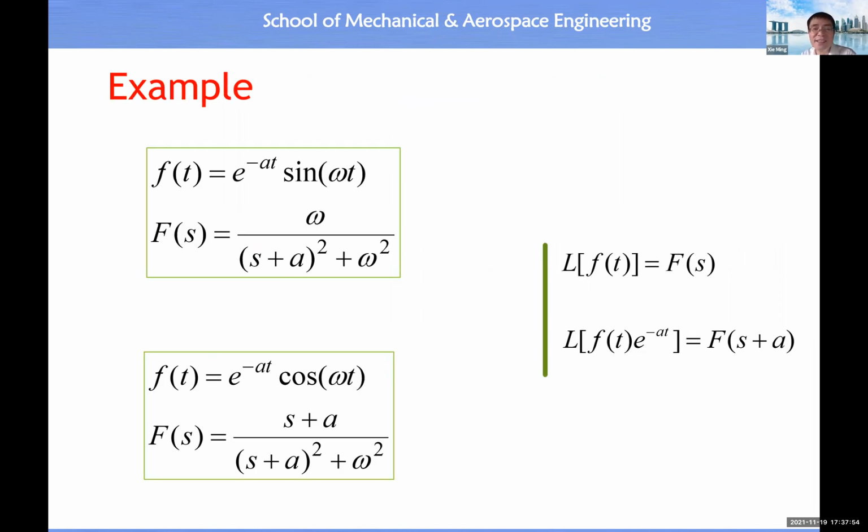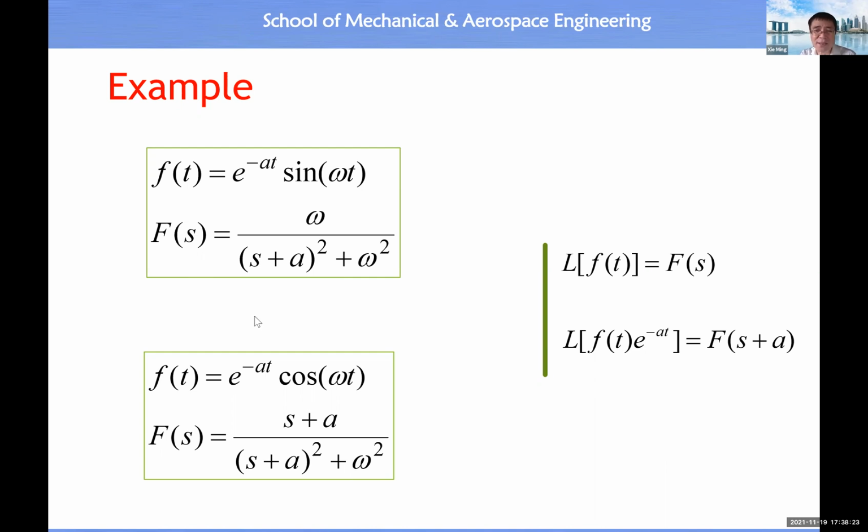And then here I show you some examples for you to apply these rules. For example, we have this transfer function with a shift in s. Originally, this looks like the Laplace transform of sine omega t. When there's a shift by a in s, then it means in the time domain we have an exponential function raised to the power negative at.